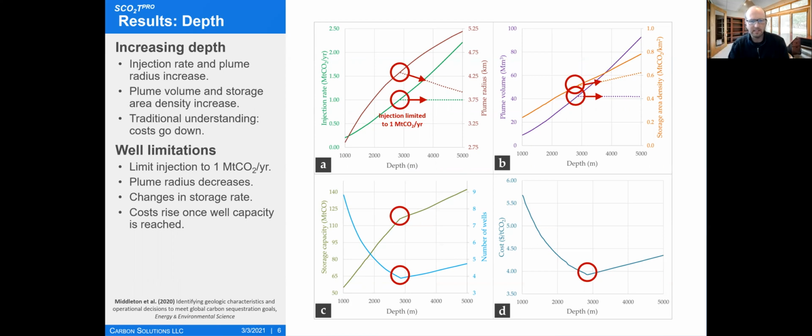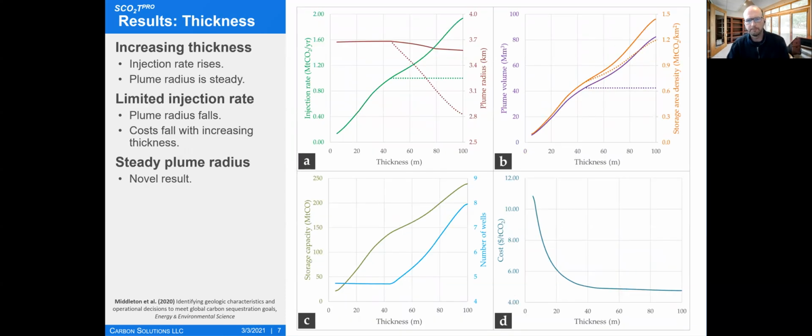And then the impact of that, looking at the bottom left chart at the blue line, the number of wells changes, and ultimately looking at the bottom right chart and that inflection point in the red circle, the costs actually go up. So before we published this, the literature suggested as you go deeper, favorable CO2 properties lead to favorable CO2 sequestration economics. In reality, this is not true if you limit the injection rate to 1 million tons a year.